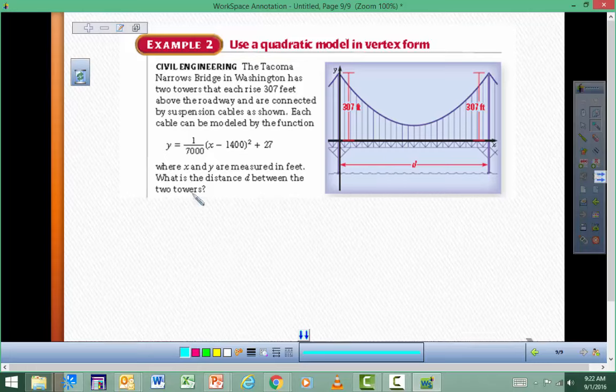Alright, so they're saying where x and y are measured in feet. What is the distance between the 2 towers? What is this distance? Well, if we're clever, we know that there's a vertex sitting right here, right?